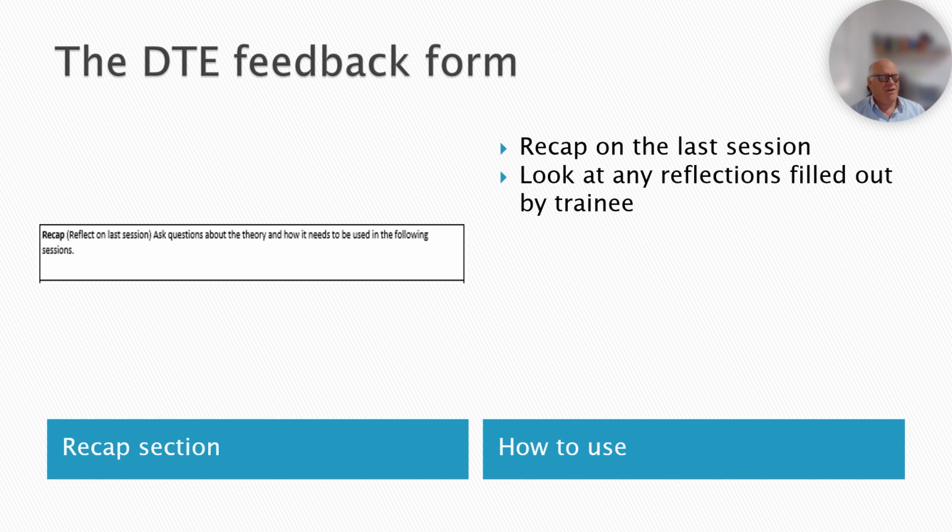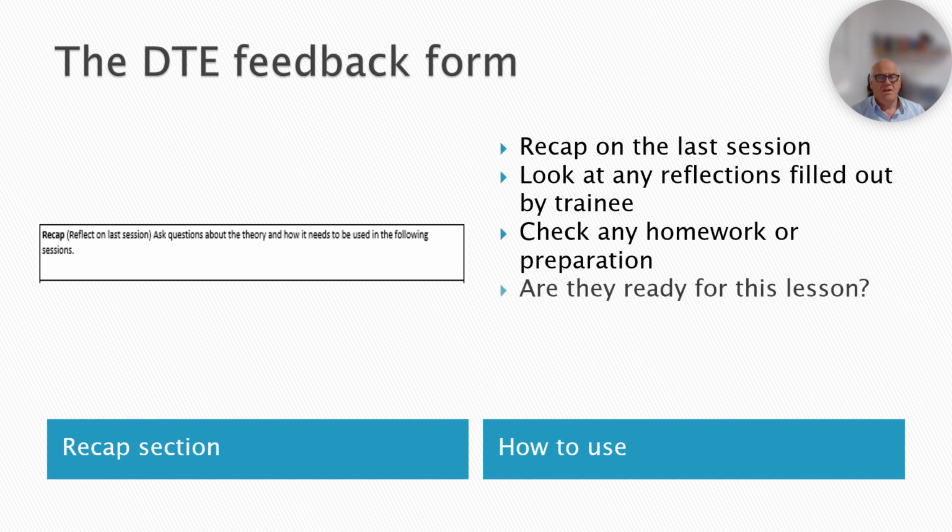Looking at any reflections they filled out. So in the book, you'll see that there are sections where the trainee can fill out reflective sheets, bits of what they feel. Check any homework or preparation that they've had to do for this lesson. You're going to do that within this section. You're trying to ascertain, are they ready for this session? If you're about to get them to deliver a lesson to you as a role-playing learner on junctions, they need to have gone away and produced a plan or use one of my plans, but they'll need to understand the plan.